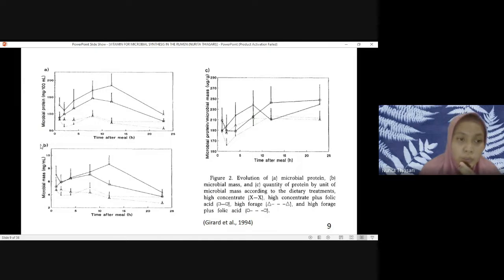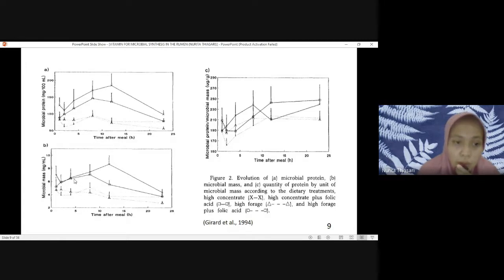And then figure B is about the microbial mass. So the same, the line is for high concentrate and the dotted is for the high forage. We can see that the microbial biomass is higher in the high concentrate compared with the high forage.